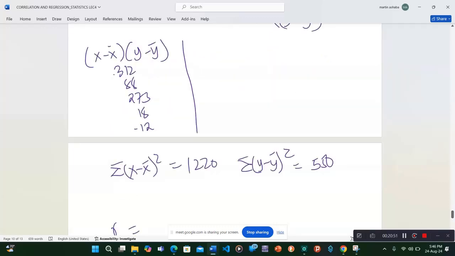The sum of this. 312 plus 88 plus 273 plus 18 plus negative 12, minus 12 plus 18 plus 273 plus 88 plus 312.